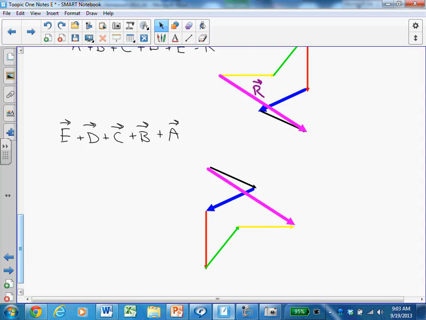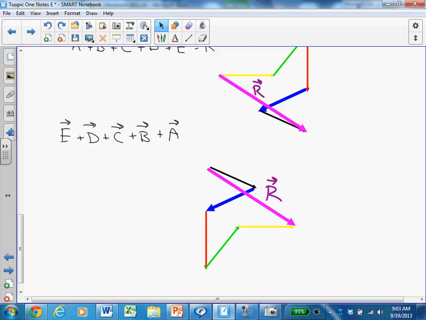There it is. Yeah, there you go. It is the same thing, isn't it? So it doesn't matter the order. They would all be the same.